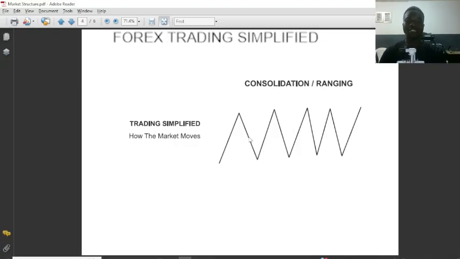So when we see a consolidation market in the chart, we don't place a trade. We hold on, we look at what the price is going to do. Maybe the price is going to go up or go down before we take our confirmation to either buy or sell.